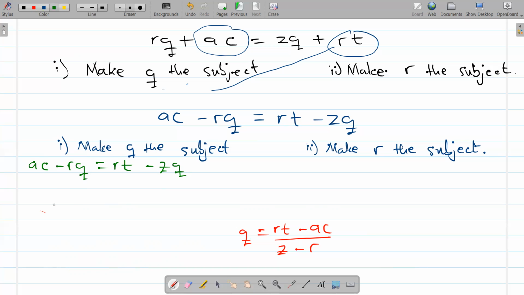In this case, what I did is I did the minus AC. Oh, sorry, AC minus RQ. Minus RT equals another AC again.